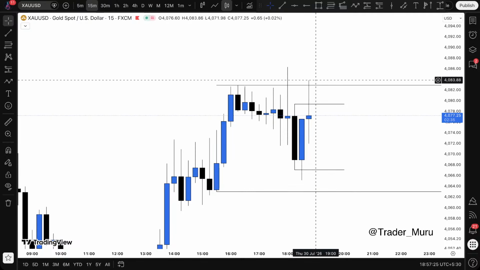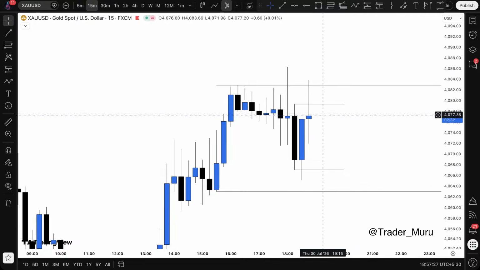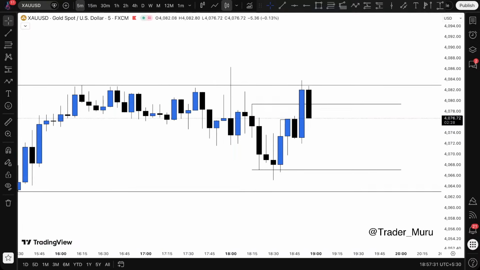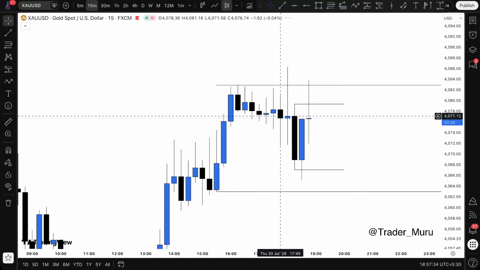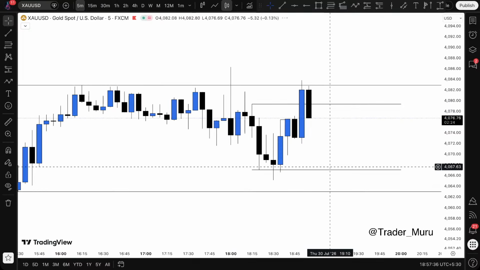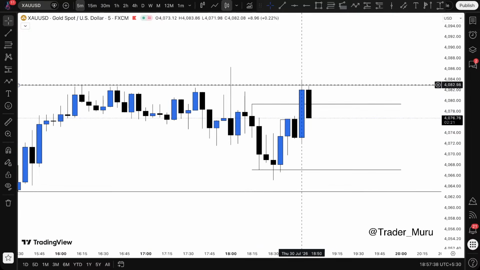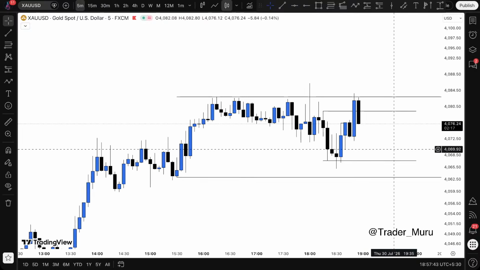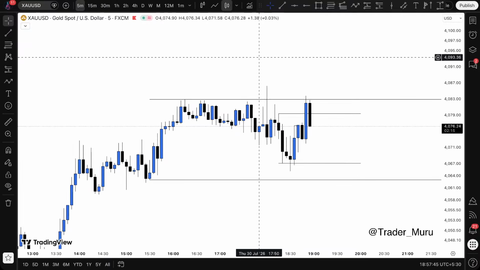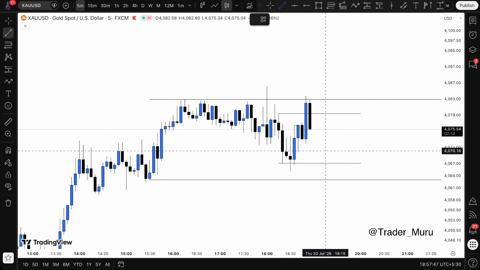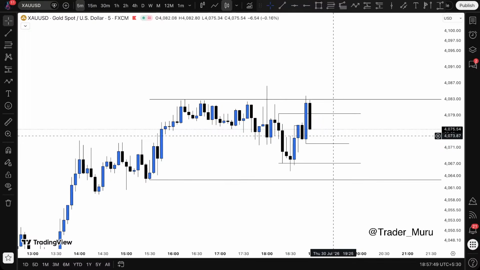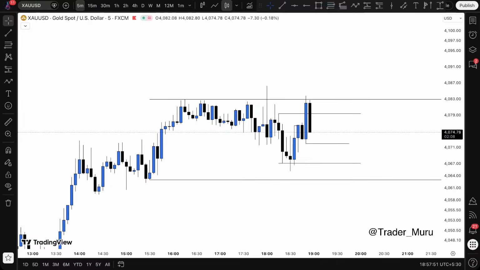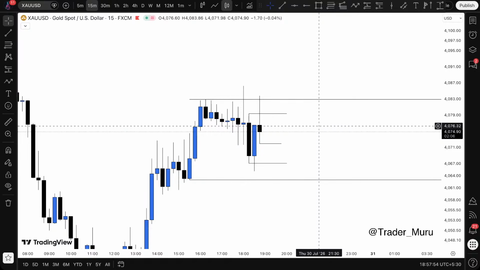Now this time it would be much faster if we get a break. 15 minutes should close here and 5 minutes should break this low, then you can short again. Stop loss will be this high again. In 2 minutes both of the candles will close.